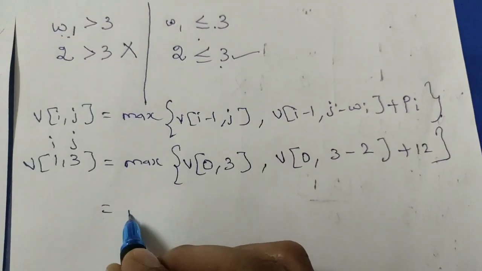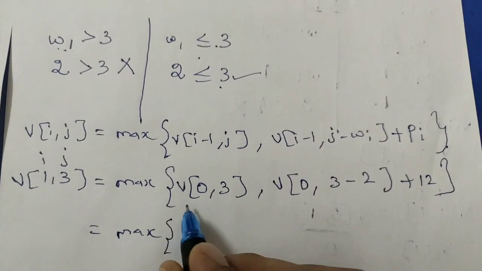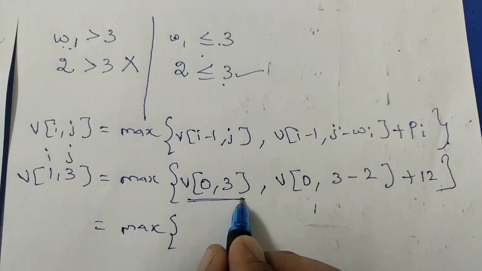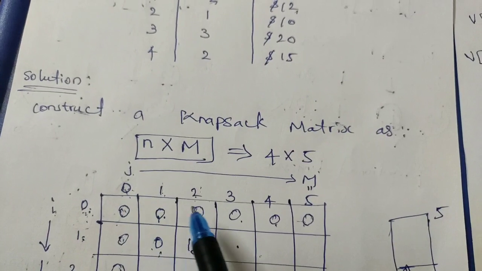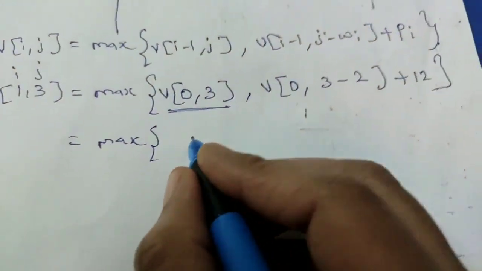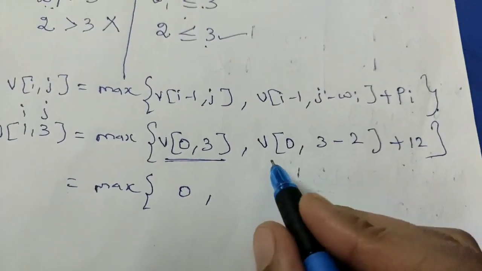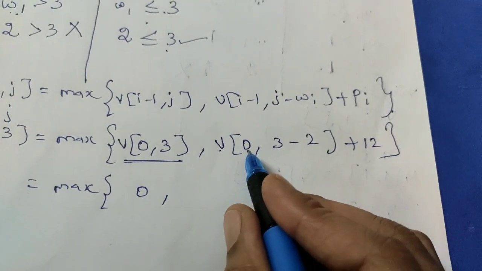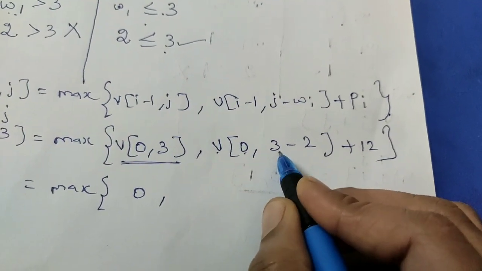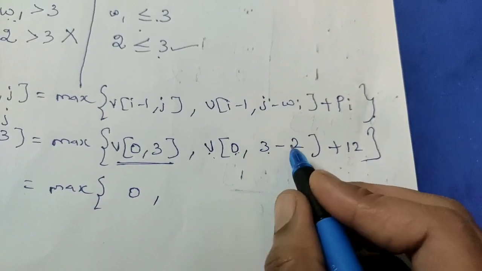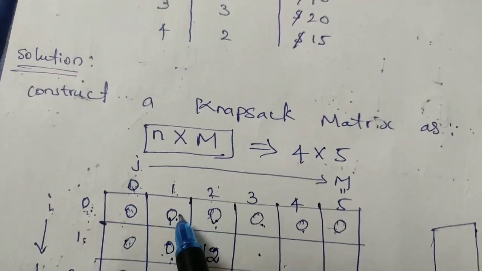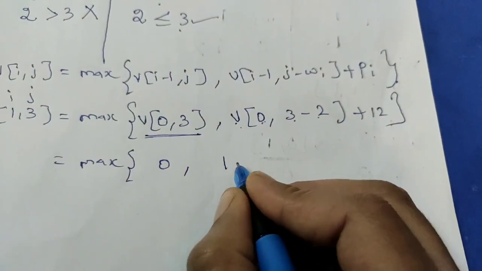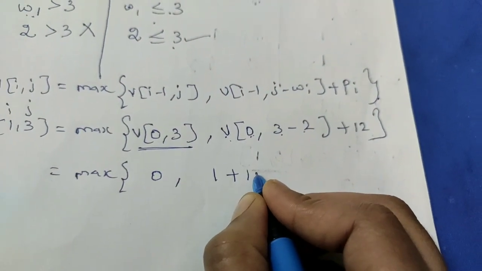Now maximum of, go to your knapsack matrix, find the value of this location, V of 0 comma 3, which is 0. And V of 0 comma 3 minus 2 means V of 0 comma 1.